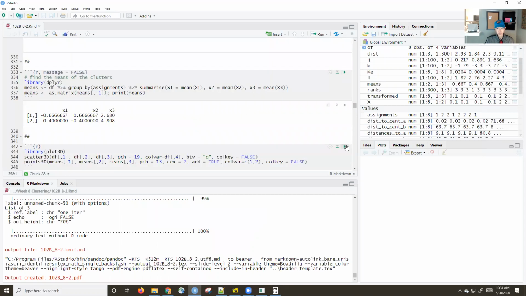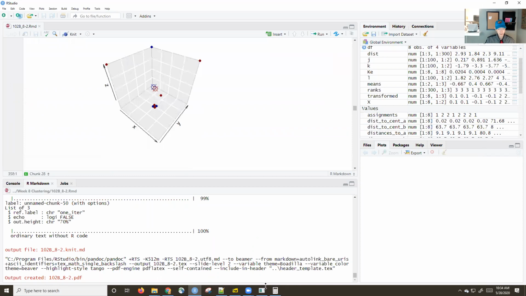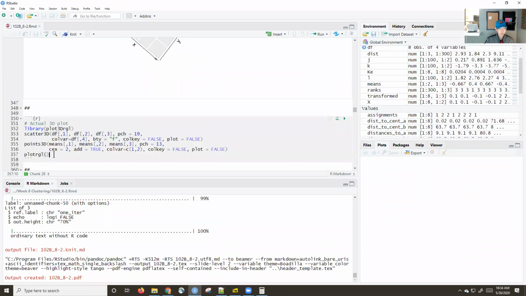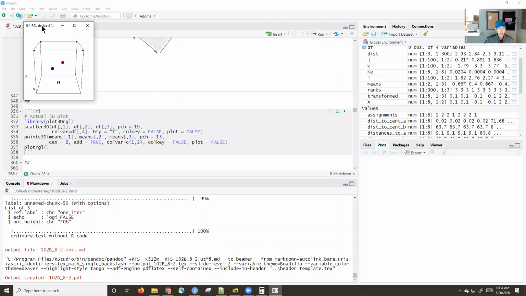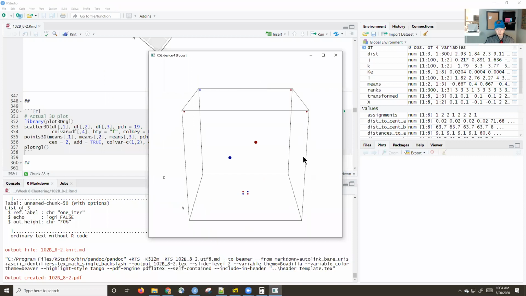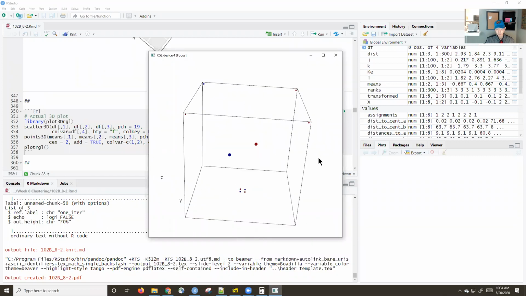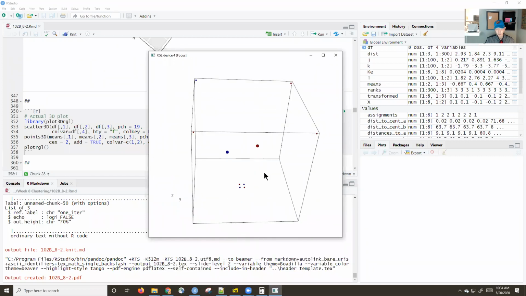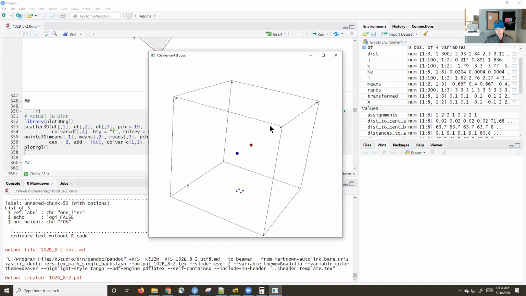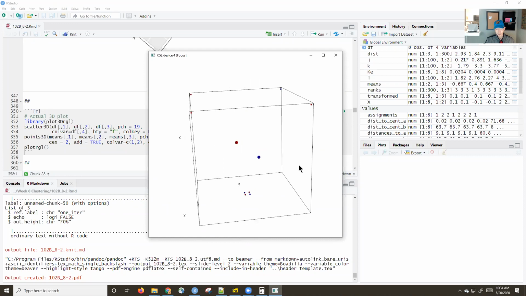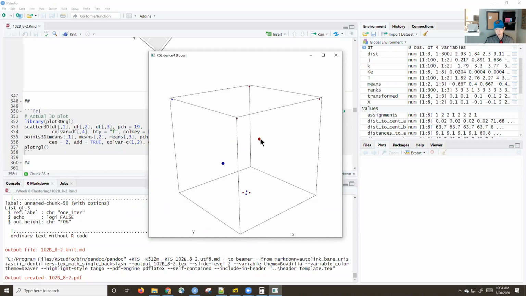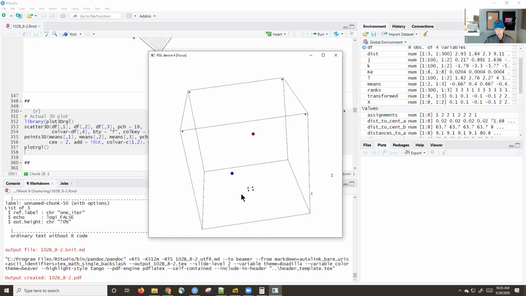So I run that, and I run that, and okay, this represents the centroid of the red points and the centroid of the blue points. All right, so this is the centroid of the red points up here, and the centroid of the blue points down here.